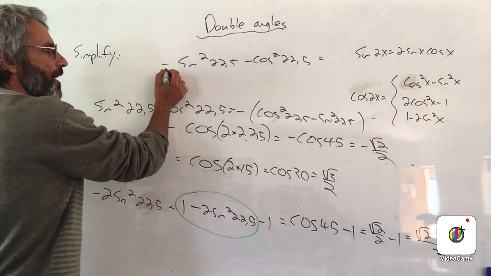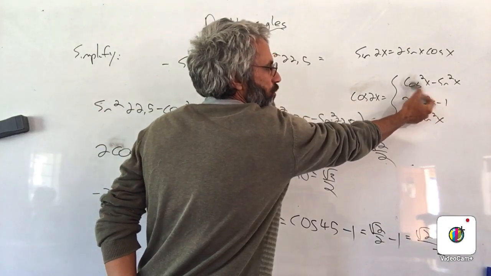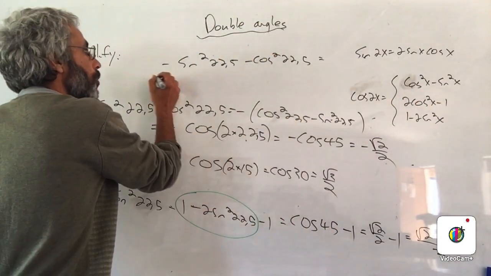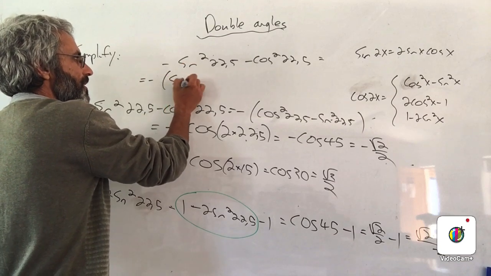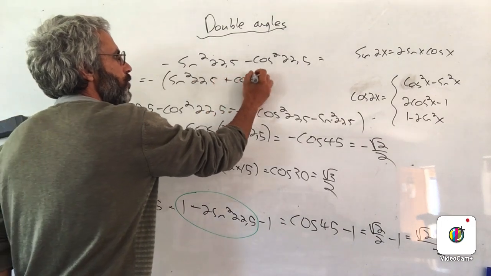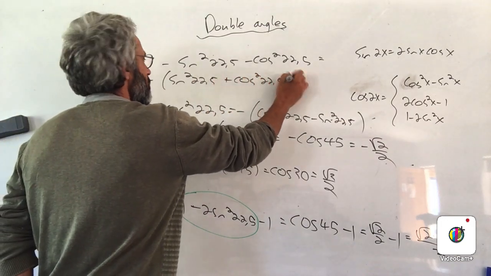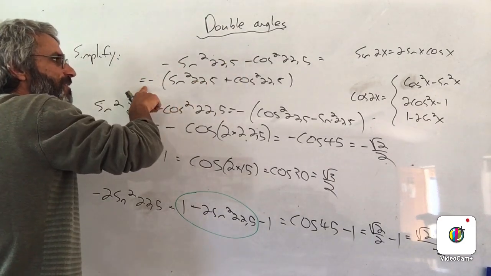What we should do here, because this is minus minus, you can't use that formula. What we can do is get rid of both minuses and put them in brackets: minus, sine squared 22.5 plus cosine squared 22.5. Because both of them have minus, I can take the minus out.